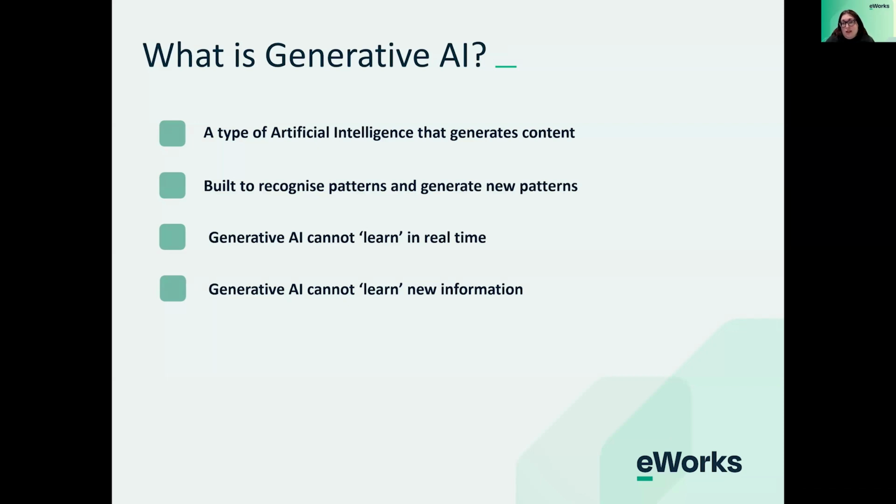Generative AI cannot learn in real time. The data sets in a large language model are static, which means they are trained once on one set of data. If they want to relaunch a new version, they need a new set of data that's retrained and then relaunched. For example, ChatGPT 4.0 has a knowledge cutoff date of December 2023.